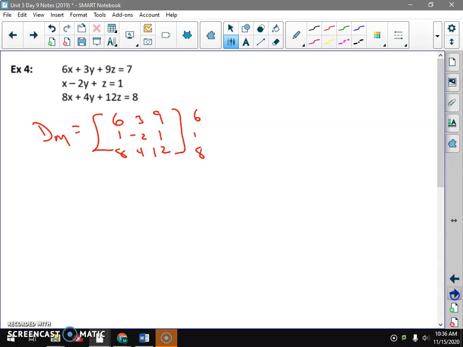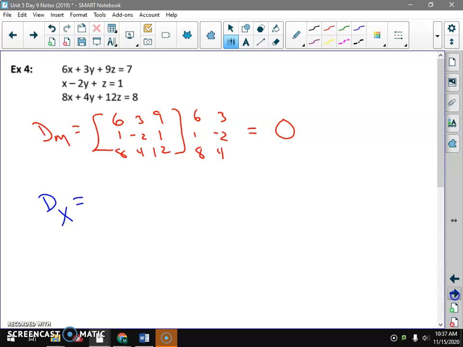The determinant of that ends up being 0, which means infinite or no solutions. Last time it was infinite.